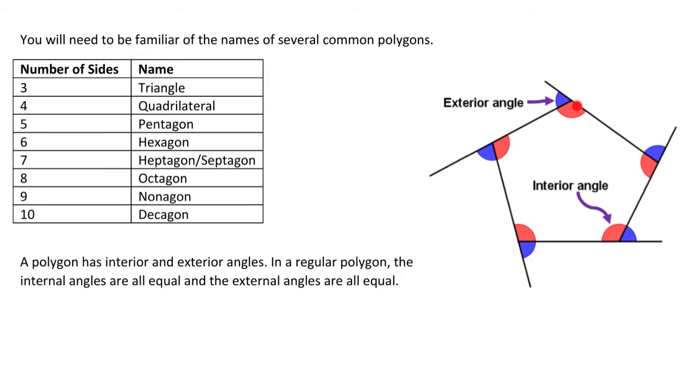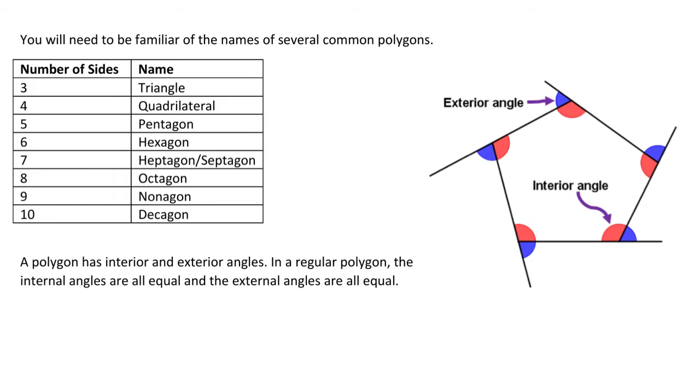So if this was our pentagon and it was made up of 5 edges and 5 vertices, if we extend the edges of the polygon out and do that in the same direction, so in this case we're going in an anti-clockwise direction, then what we can see, the angles marked in red are the interior angles, and the angles that we've carried on are the exterior angles.